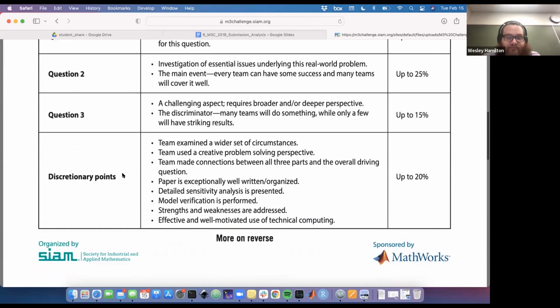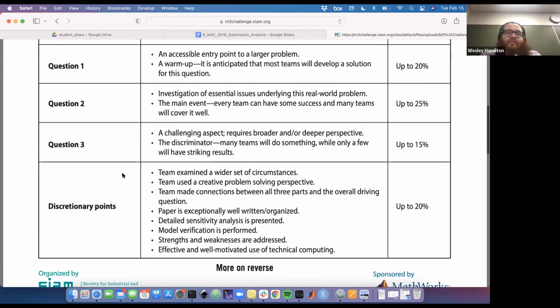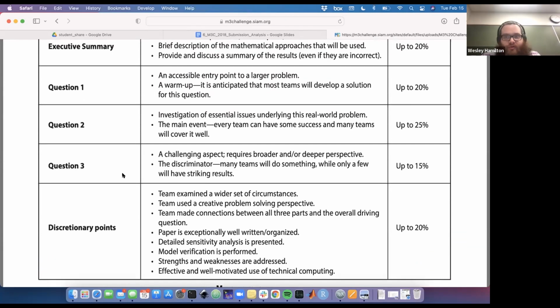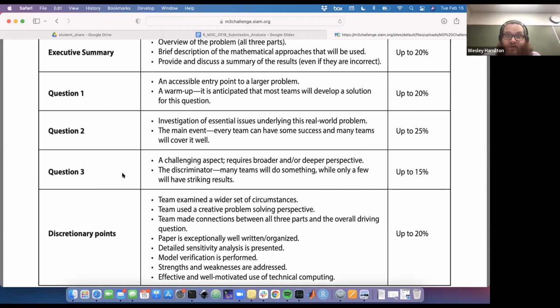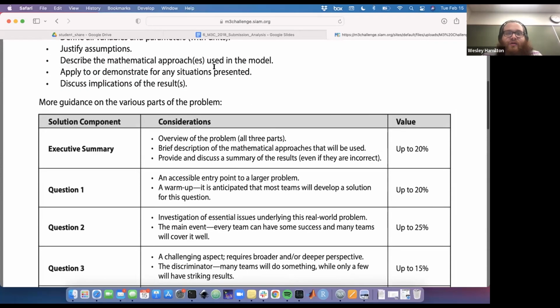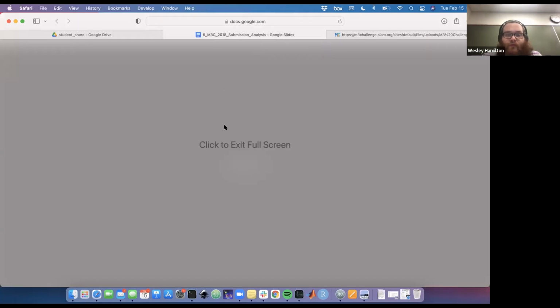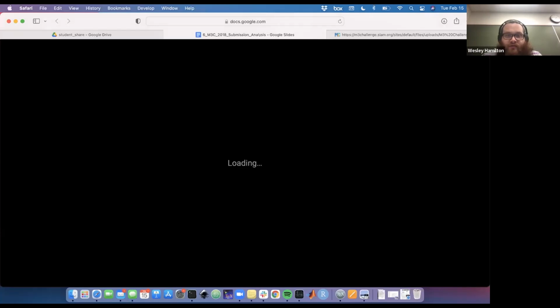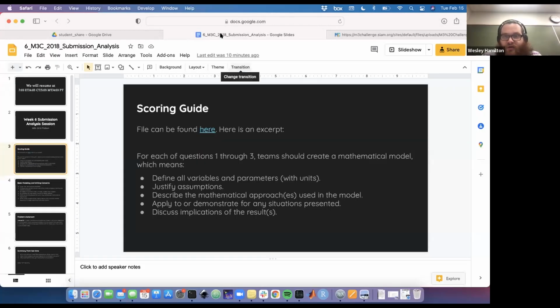Okay? But anyway, as you're preparing your submissions, as you're getting ready to compete, do take a look at the scoring guide. It gives you a sense of what the judges are actually looking for, and that way you can tailor your submission to what the judges are looking for. Okay. So then let's go back here.